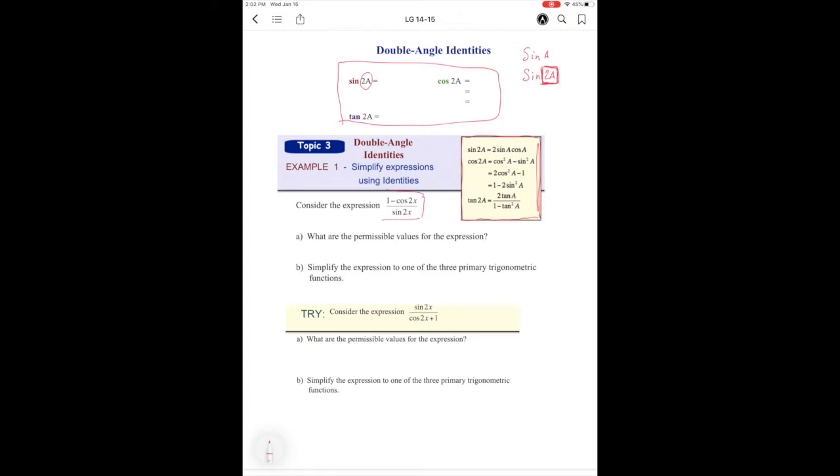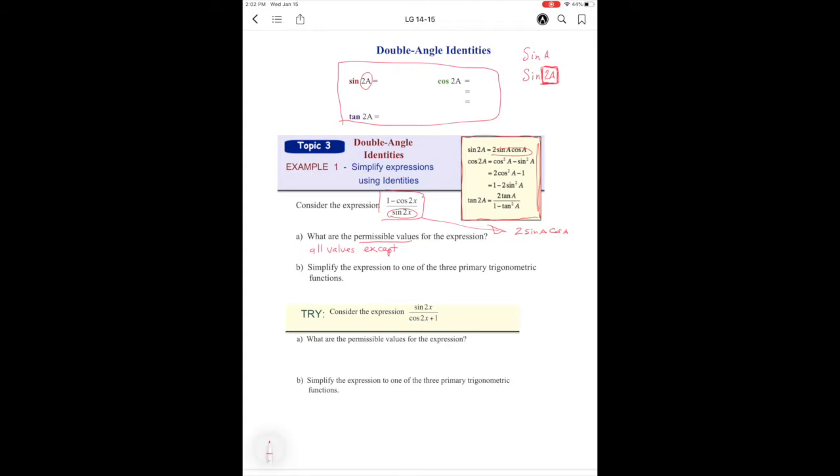So the first thing is we have this expression and we want to know the permissible values. So we would say it's all values except. Now, when we look at sine 2A, let's just take it over here. We know sine 2A is this guy: 2 sine A cos A. And that is on the bottom.